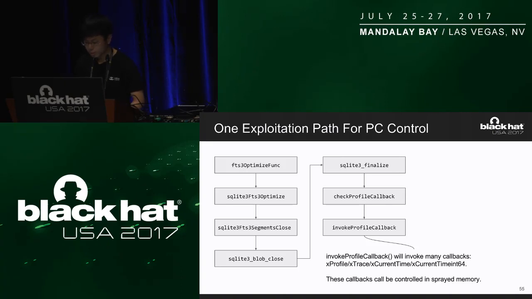There are many code paths from the vulnerable function that end with callback invocation. We used this path in the diagram to get PC control. The last function is invokeProfileCallback. This function will invoke many callbacks like xProfile, xTrace, xCurrentTime, xCurrentTimeInt64. These callbacks can all be controlled in the structures that we built in SQLite memory.